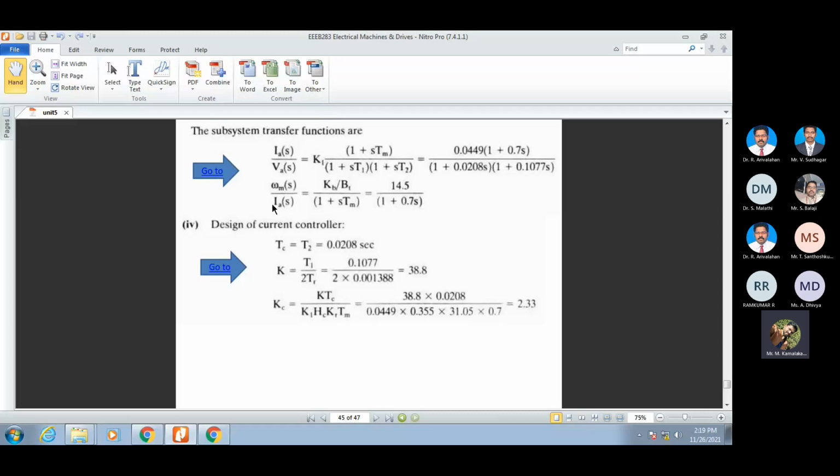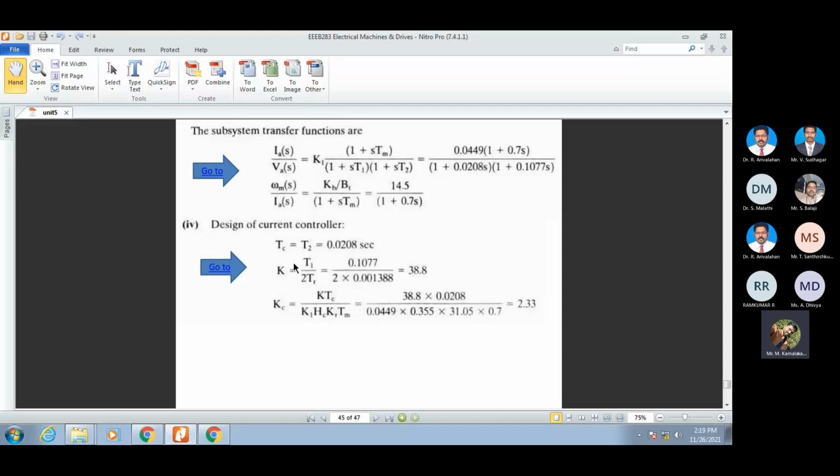So omega m of S divided by IA of S is equal to KB divided by BT divided by 1 plus S into Tm. After building those blocks, we are getting the overall value like this. So the ratio of speed to current value is 14.5 divided by 1 plus 0.7 times S.